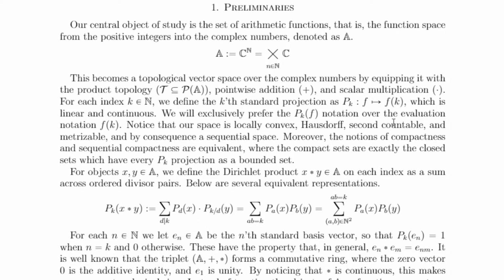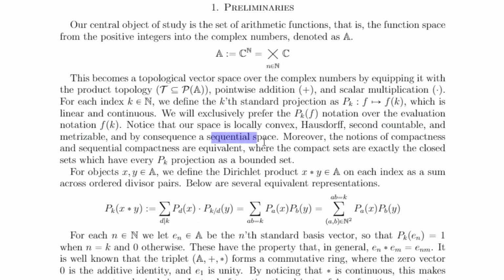Second countable and metrizable: both of these properties are essentially saying that our space is very similar to a real Euclidean space. The real Euclidean spaces like R1, R2, R3 have really nice properties. Because we have infinitely many dimensions, our space is the least complex thing that's more complicated than all the Euclidean spaces. But fortunately, it has these nice topological properties.